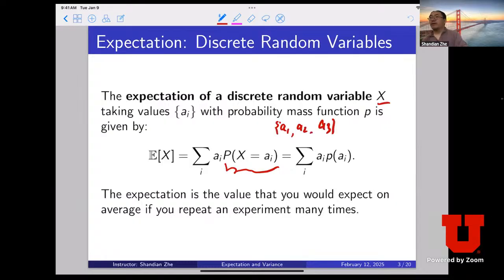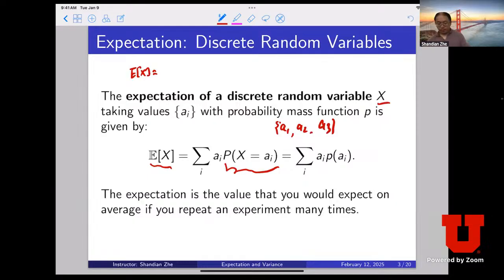Now, if I want to compute the expectation of x, I do a weighted average of a1, a2, a3, where the weight is the probability of the random variable taking that value.